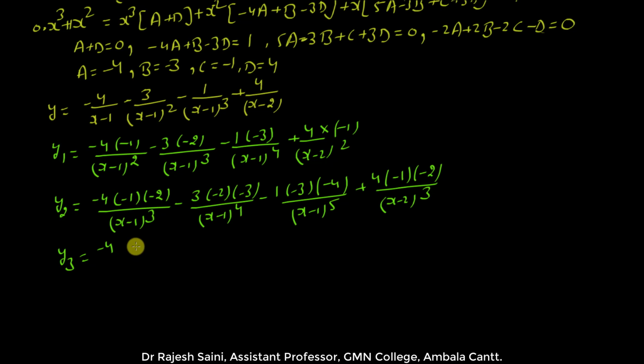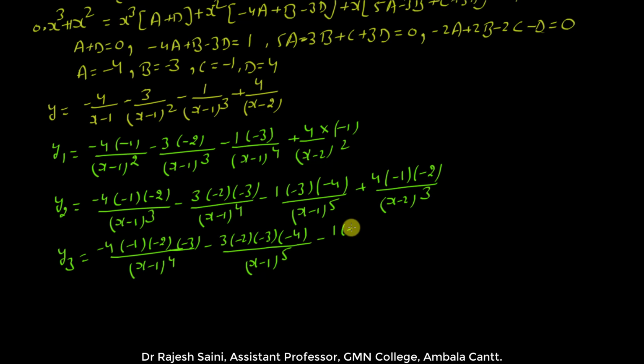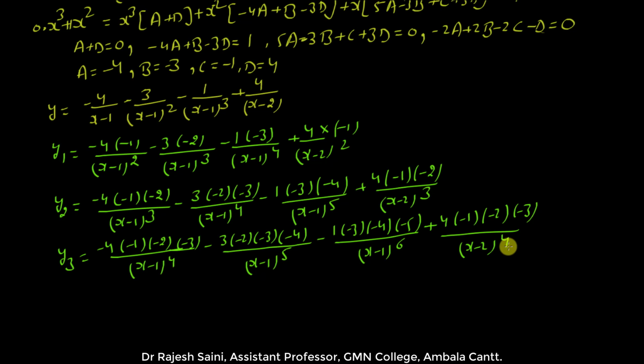y3 is equal to minus 4 into minus 1 into minus 2 into minus 3 upon (x minus 1) to the power 4, minus 3 into minus 2 into minus 3 into minus 4 divided by (x minus 1) raised to the power 5, minus 1 into minus 3 into minus 4 into minus 5 divided by (x minus 1) raised to the power 6, plus 4 into minus 1 into minus 2 into minus 3 divided by (x minus 2) raised to the power 4.